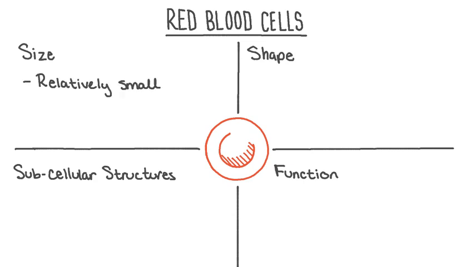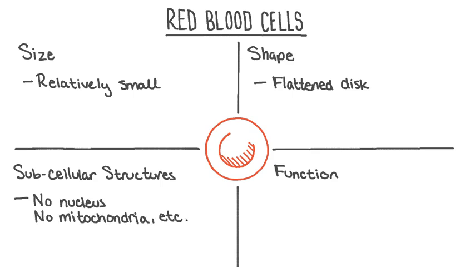These cells are quite small in comparison with other cells of your body, although they're very numerous. They have a flattened, concave, disc-like shape, which is due to the fact that mature red blood cells do not possess a nucleus. These cells also lack mitochondria, as well as most other organelles. They're basically just sacs, filled with cytoplasm that's rich in hemoglobin.